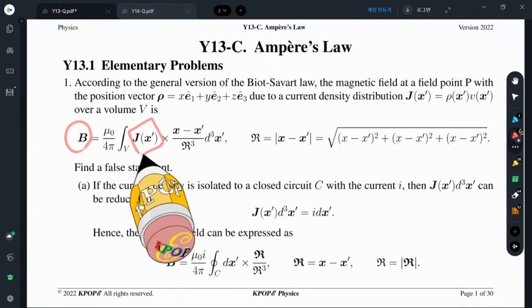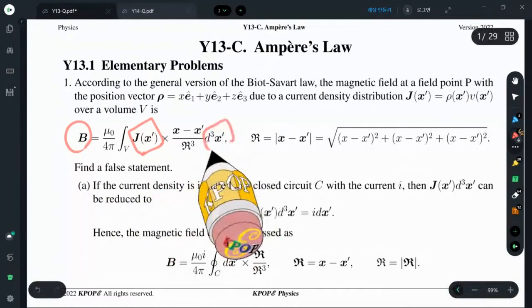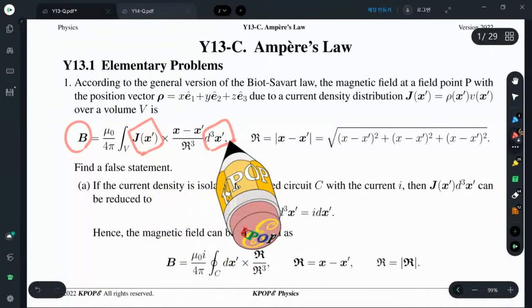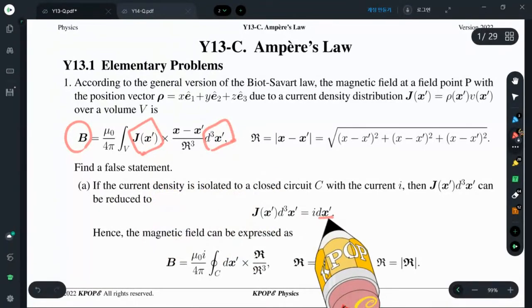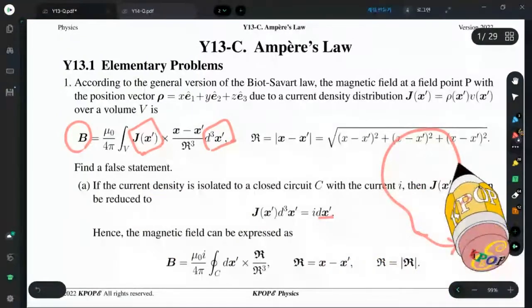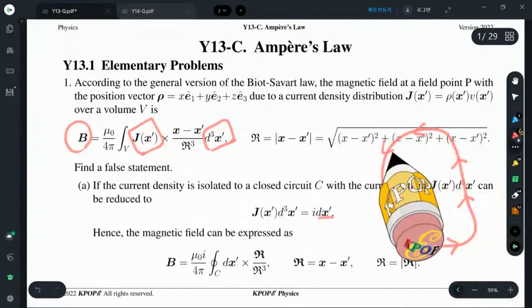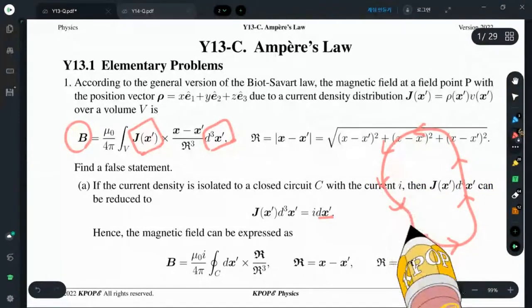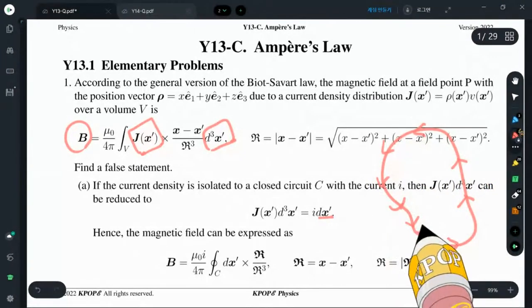However, this can always be simplified from this volume integral to a line integral along a curve, and the circuit current, because charge is conserved, unless some charge is accumulated at some point.